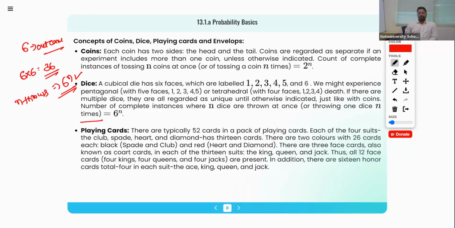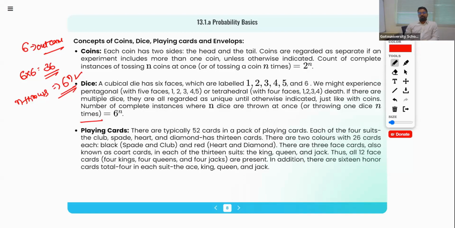You can read them. A cubical die has 6 faces, which are labeled 1, 2, 3, 4, 5, and 6. We might also experience a pentagonal die with faces 1, 2, 3, 4, 5, or a tetrahedral die with 4 faces 1, 2, 3, 4. If there are multiple dice, they are all regarded as unique unless otherwise indicated, just like with coins.